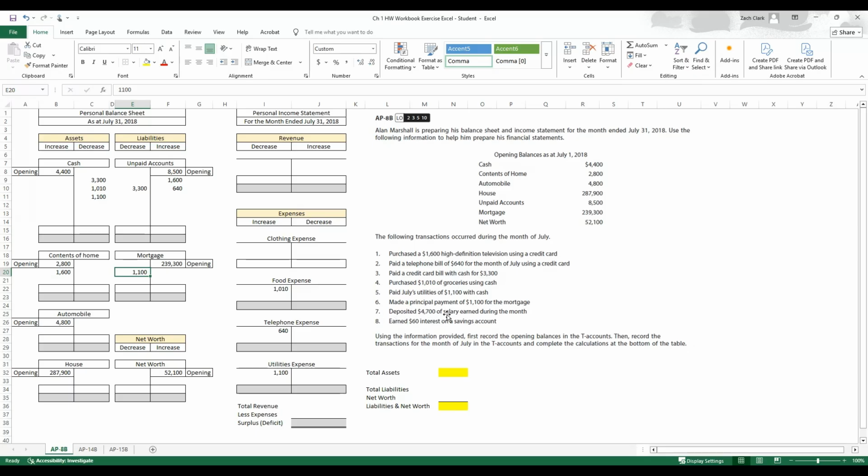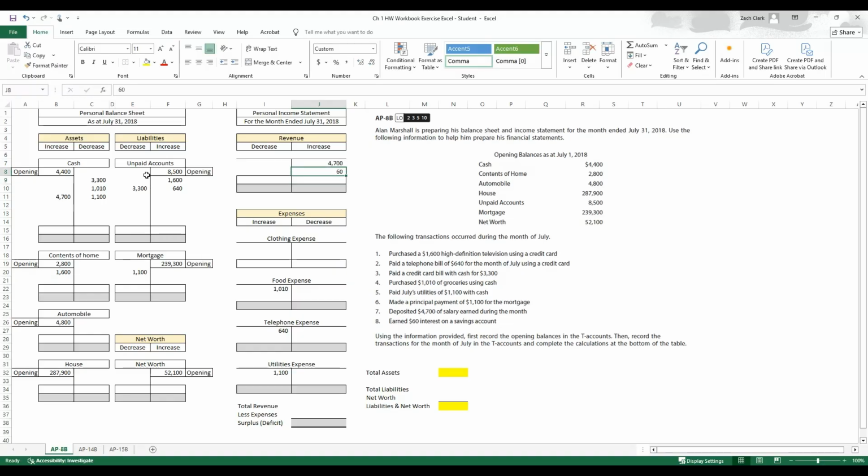Number 7, we deposited $4,700 of salary earned during the month. So here we have cash going up, so an increase. And we're going to record that as revenue. So we have an increase to revenue. And finally, we earned $60 of interest on a savings account.